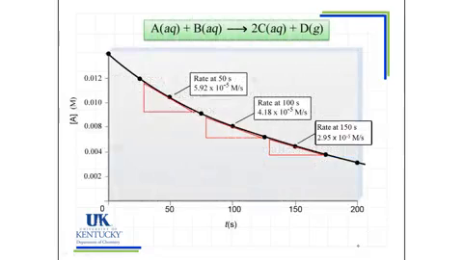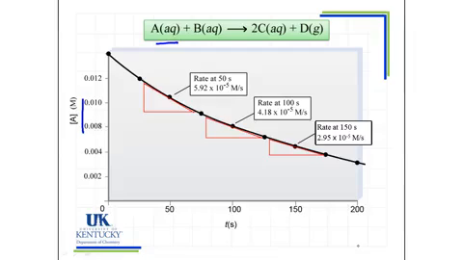Now here is a graph that is showing that the rate is decreasing for a reactant. That's what's being monitored here. They're monitoring reactant A as time is going by. At this point in time, the way you get that rate is to measure the slope of the tangent line.